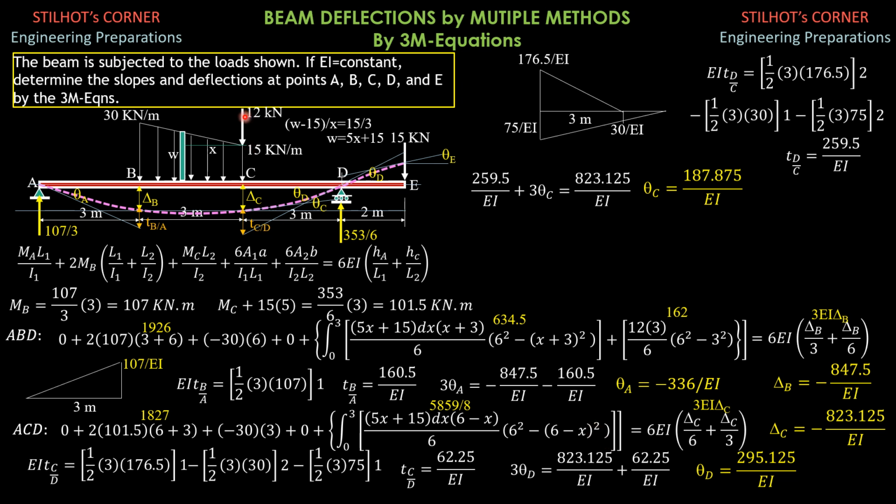there's no value of this because imagine this is a simply supported beam from A to C, and this load 12 kilonewtons is over the support, so it will not produce moment. It will not produce moment because the reaction over the support is also 12 kilonewtons.